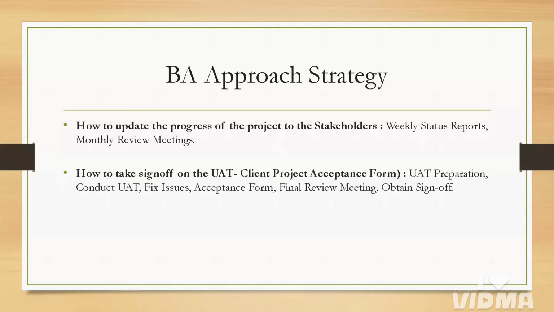While testing, if the client finds any issues or bugs, for instance, if it is not according to his business needs, then we should work on it again and fix the bugs. And then again, UAT will get conducted. So if the client says everything is okay, then we should take the sign off from the client.